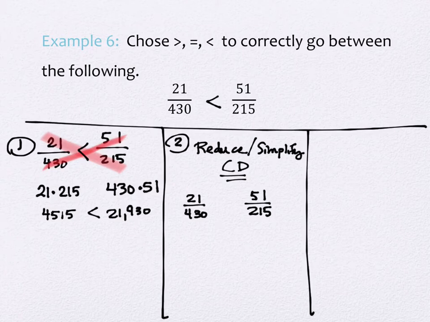They are both multiples of 5. There's something that's easier to work with. 215. Because it goes into 430, you just add it. Okay, so they both actually divide by 215.